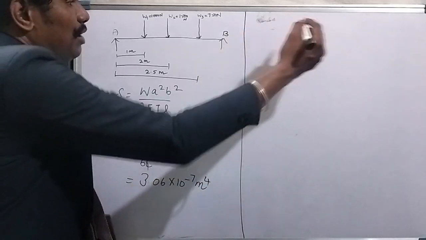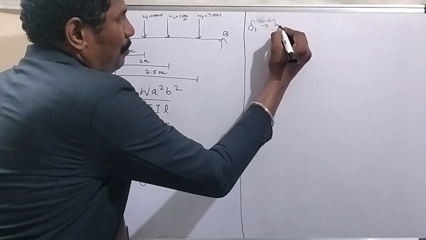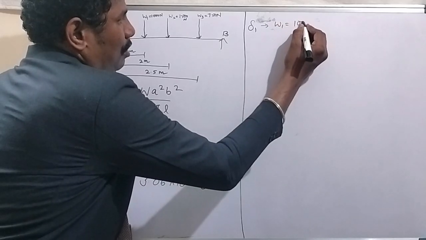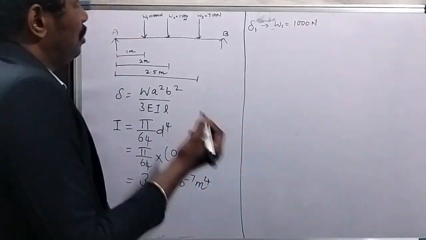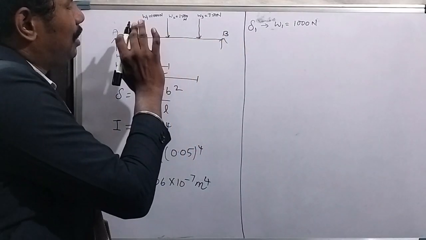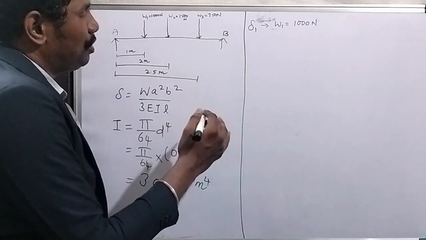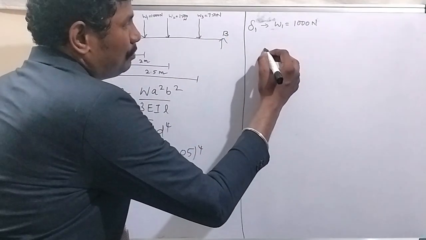The next thing we are going to calculate is delta 1, that is, the deflection due to the load 1000 Newton. I'll assume that the simply supported beam consists of only the load 1000 Newton. With that data we can calculate the deflection.